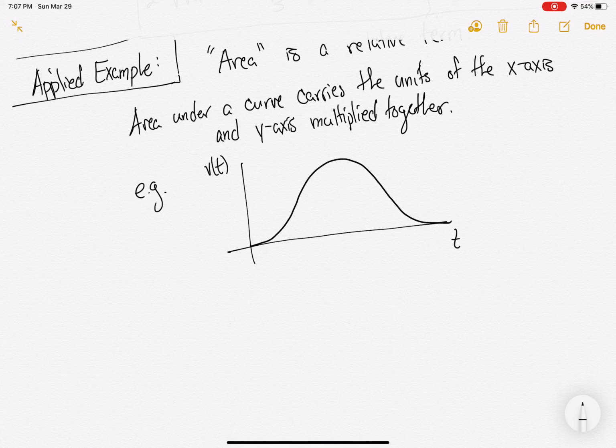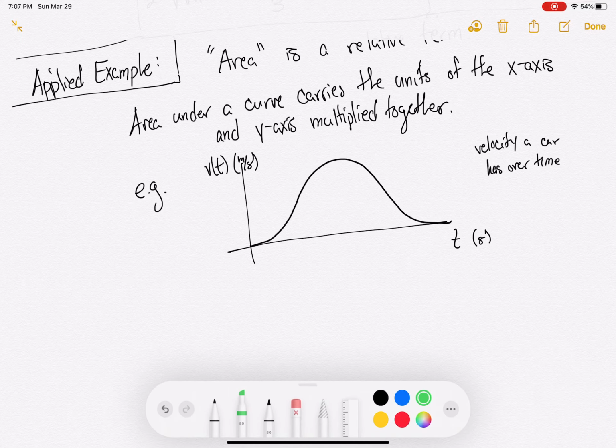So this is the velocity a car has over time. This is t in seconds. This is the velocity in meters per second. Then the area here, call this T1 and call this T0.